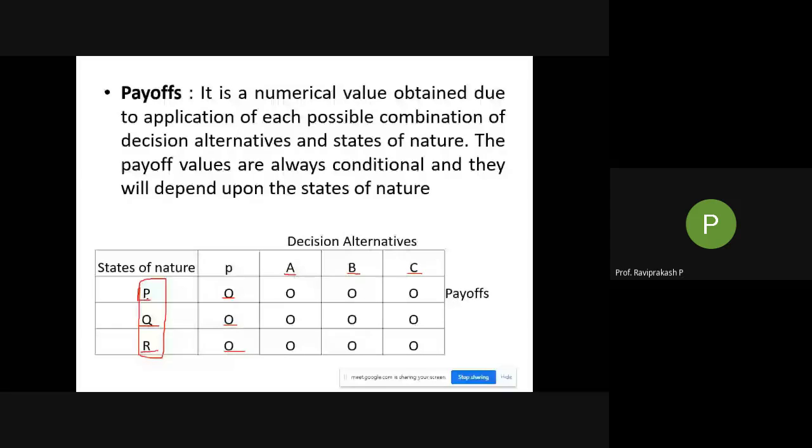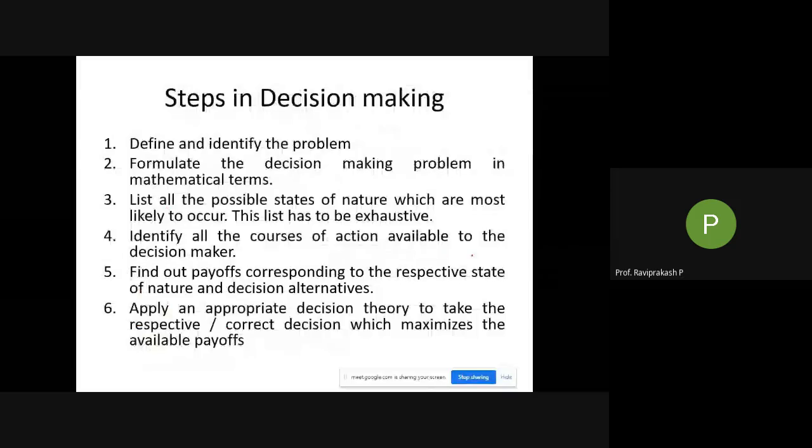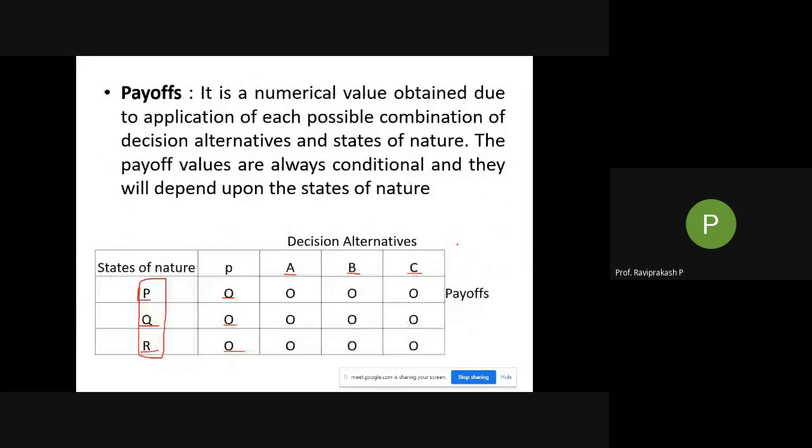Identify all the courses of action available to the decision maker. That means I'm saying A, B, and C, or I could go to D, E, and F also, if I want more alternatives. Like I gave you: you are walking, you are taking a bike, or taking your car. If you don't have it, because somebody has taken it or somebody at home wants to go somewhere, they'll ask you to go by some other alternative, like taking a bus or a rickshaw.